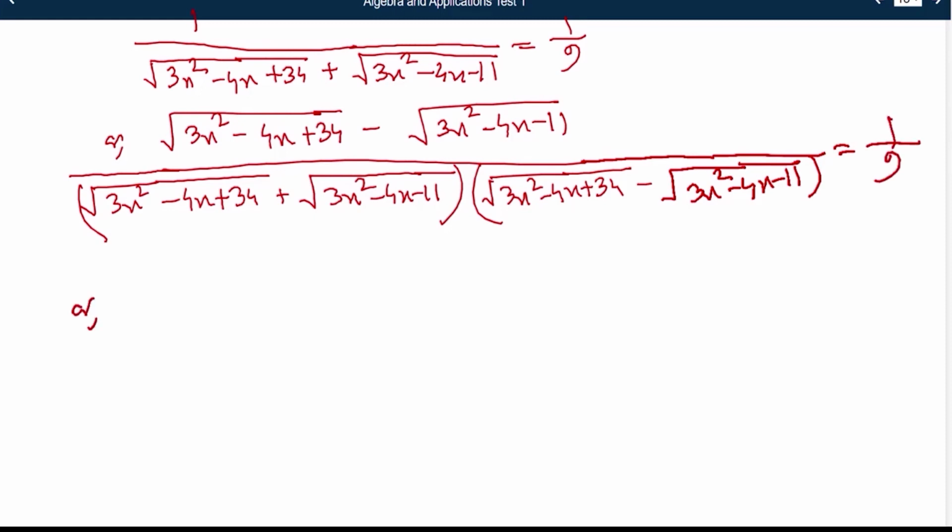So it's in the form of a plus b and a minus b. That means by the identity we can write a square minus b square, correct?